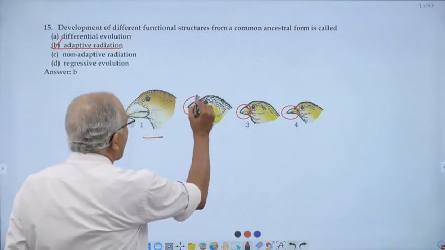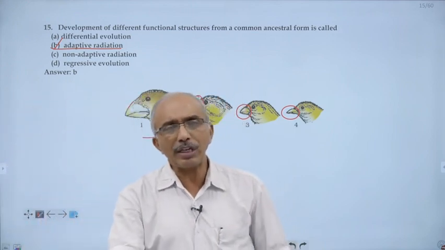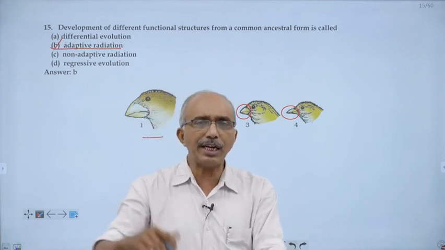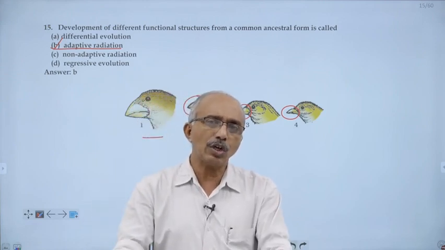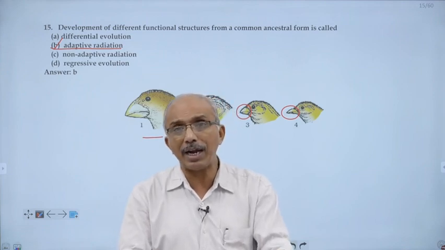All developed from the original stock of seed eaters, so the beaks varied. This is what is called adaptive radiation.